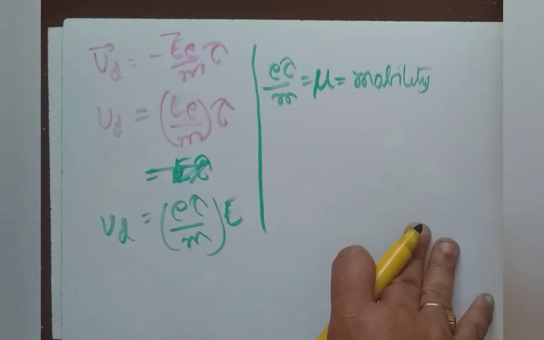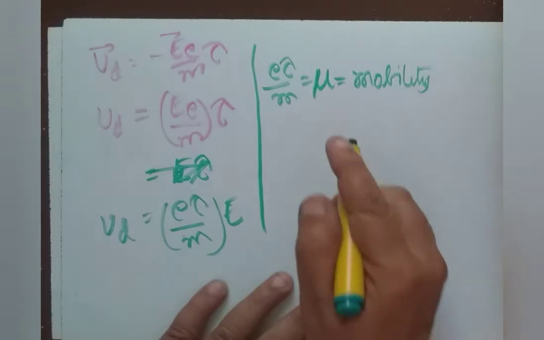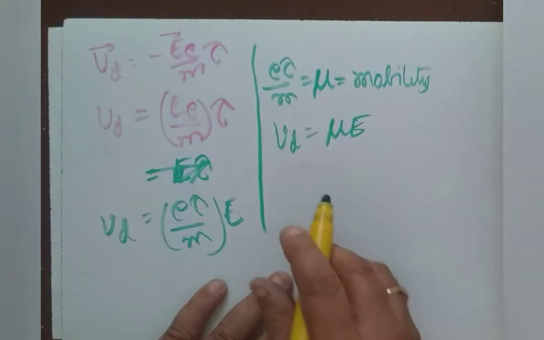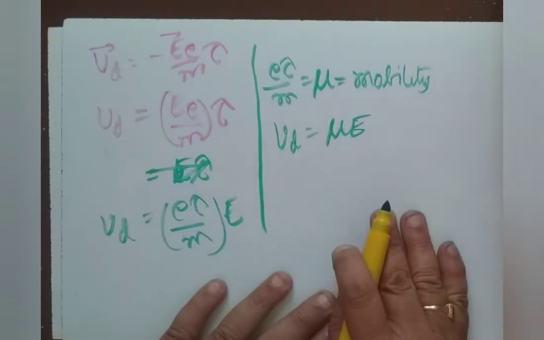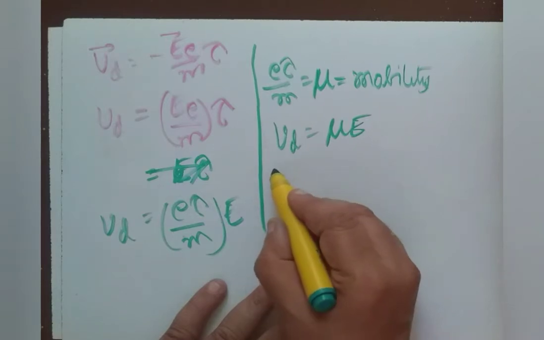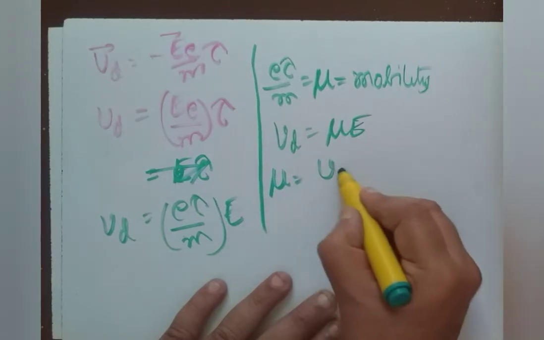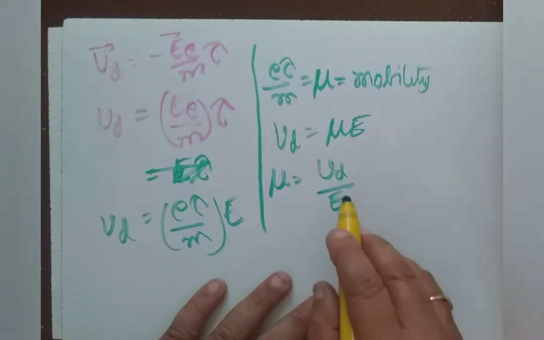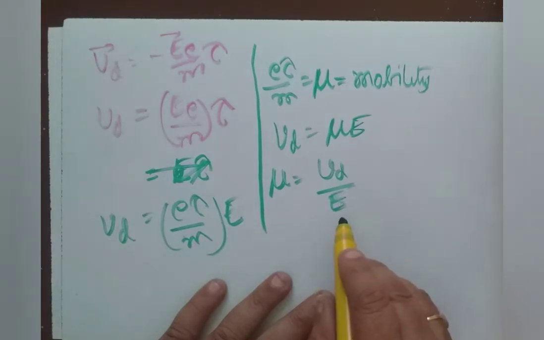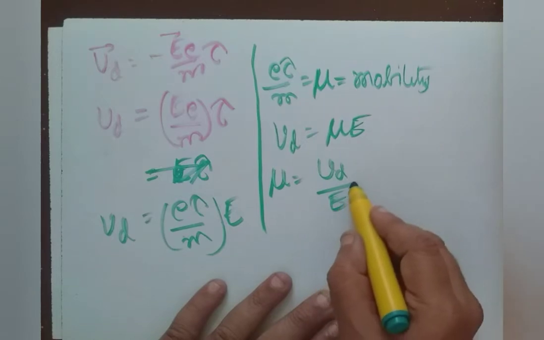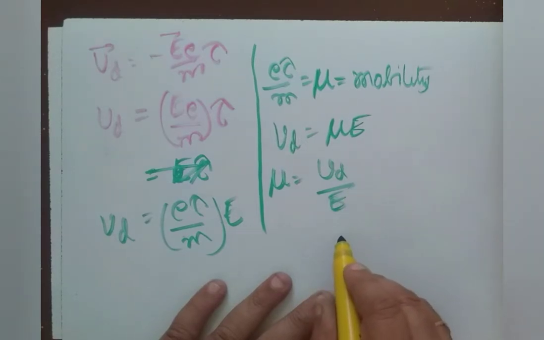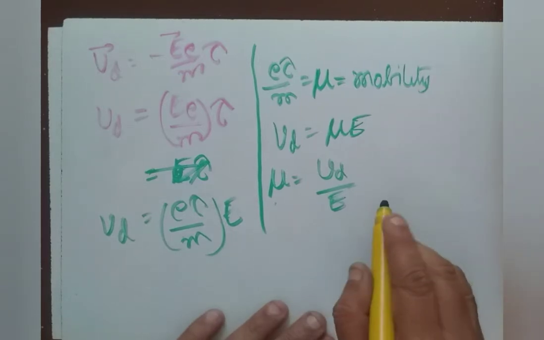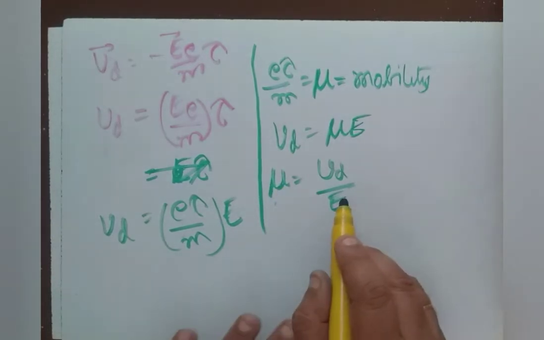Therefore, Vd can be written as mu E, or else mu, the mobility, can be defined as Vd by E, or average drift velocity acquired per unit electric field. So that is the definition of mobility.